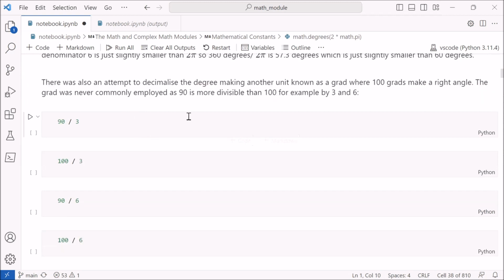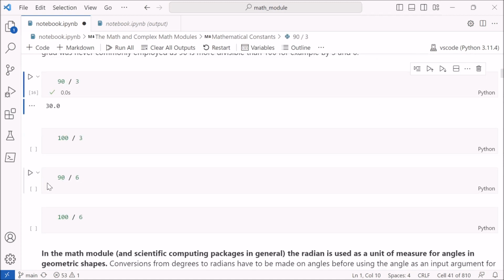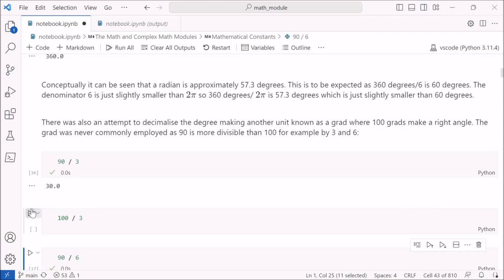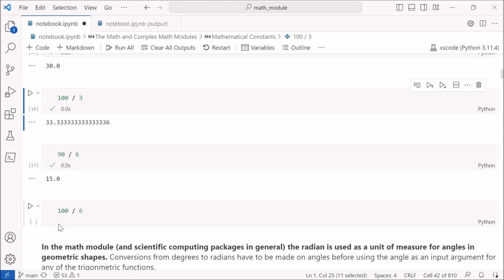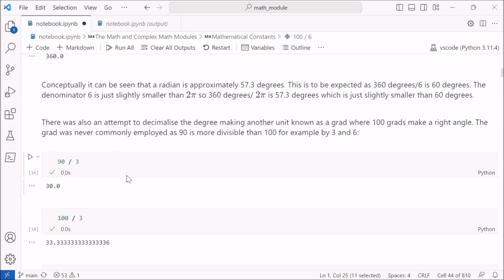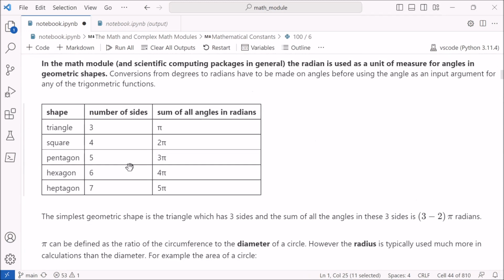There was an attempt to decimalize the degree, making another unit known as a grad, where 100 grads make up a right angle. This unit was never commonly employed because 90 is more divisible than 100. If you have a look at 90 divided by 3, 90 divided by 6, versus 100 divided by 3 and 100 divided by 6, you can see this is much easier to work with.